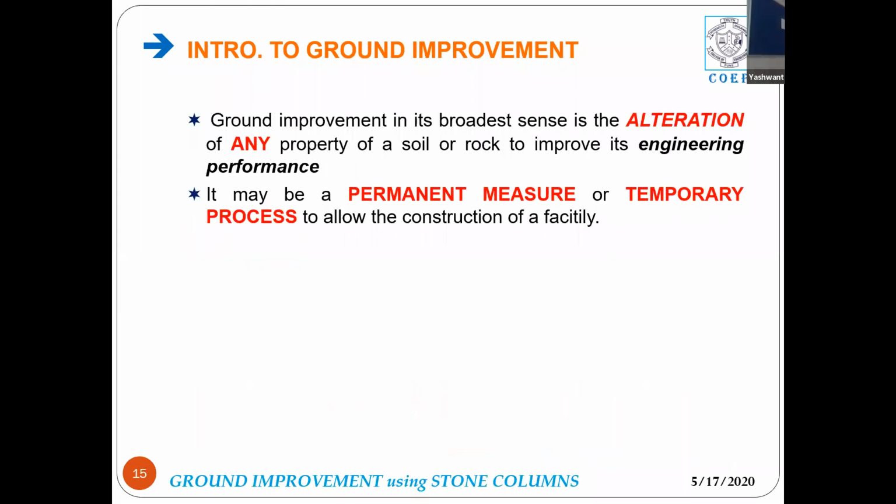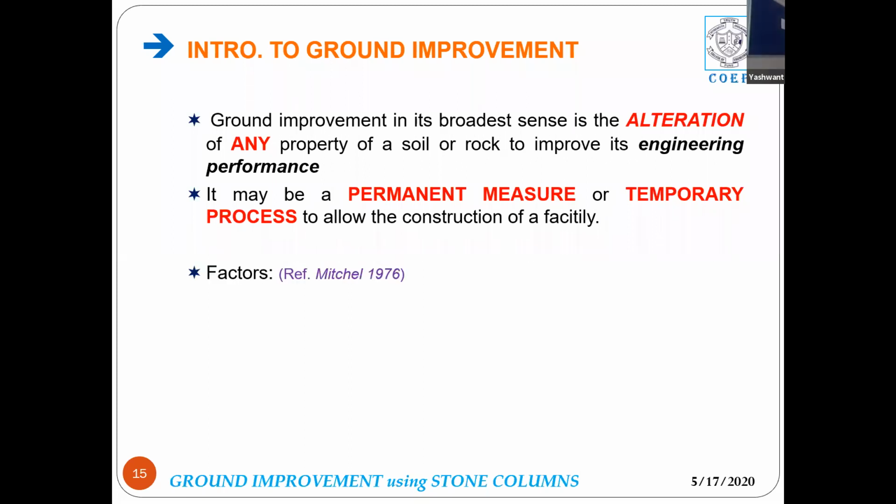So again, according to him, ground improvement in the broadest sense is nothing but alteration. Here we are going to modify the properties of the natural soil or rock at the site itself to improve its engineering performance. And this improvement or measure that we provide may be temporary or permanent, depending upon the requirement.